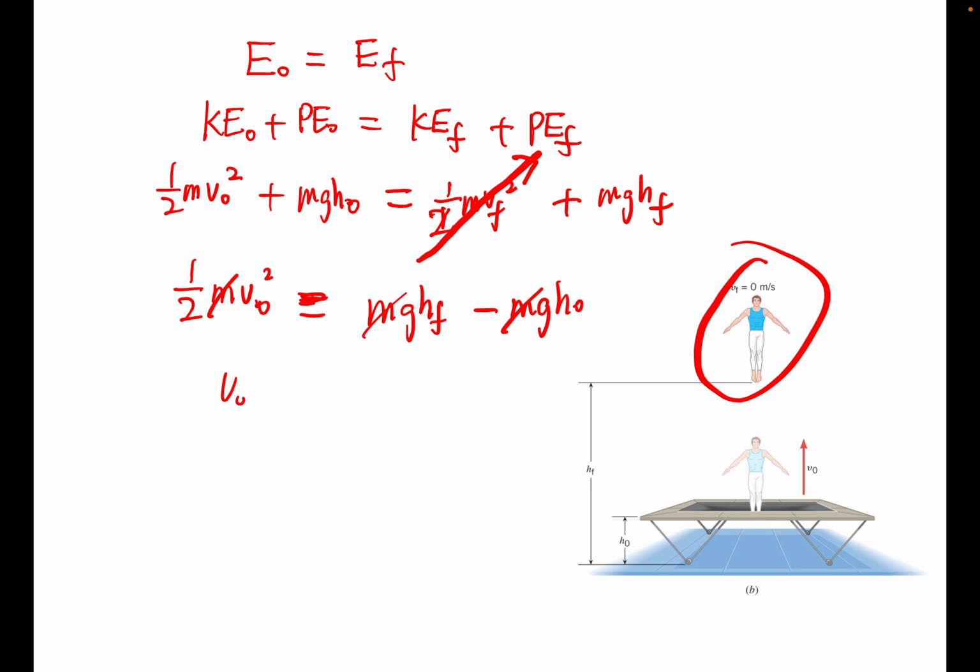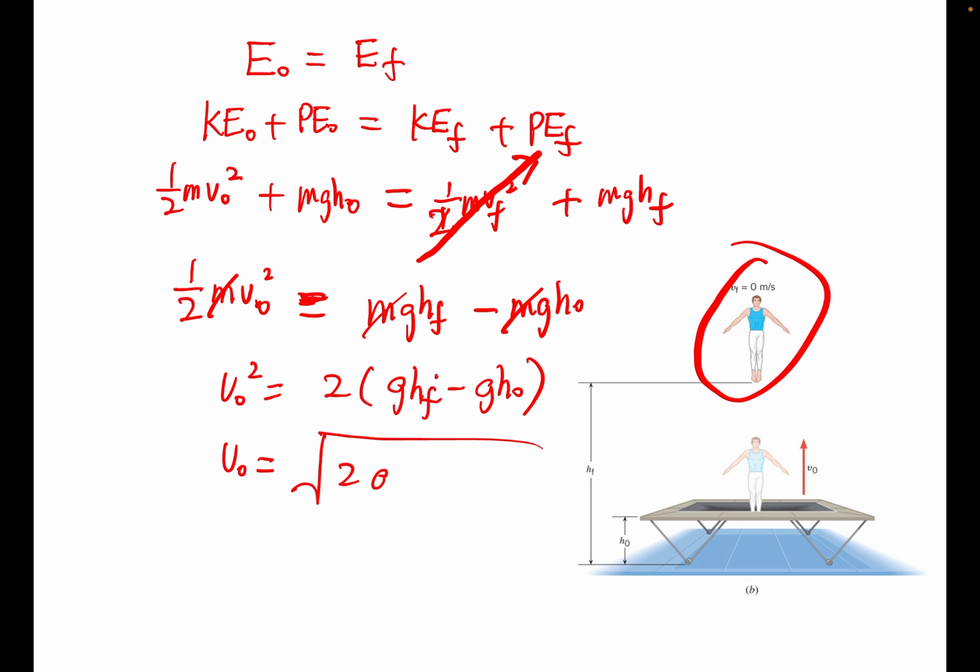So v0 squared equals 2g(hf minus h0). So v0 is the square root of 2g times hf minus h0. Put in the numbers, and we find the initial speed is 8.4 meters per second.